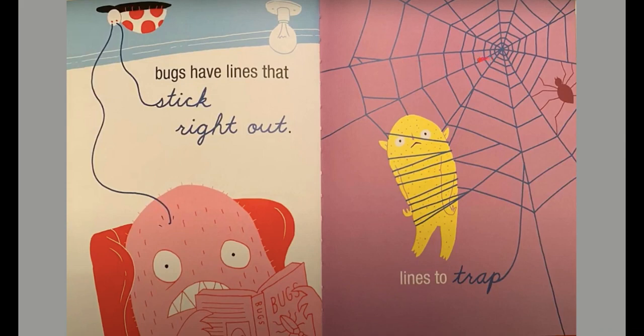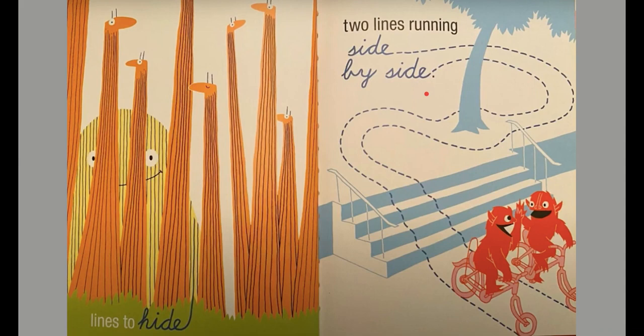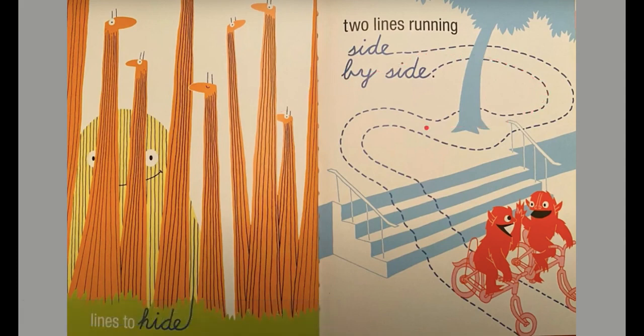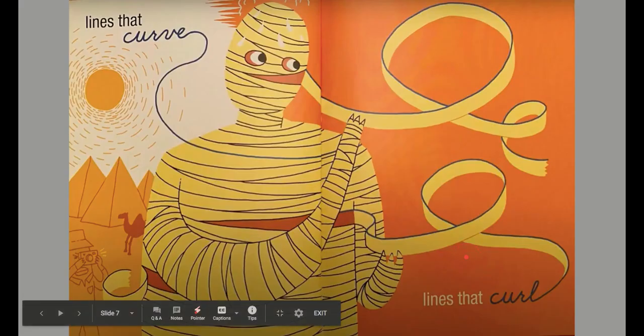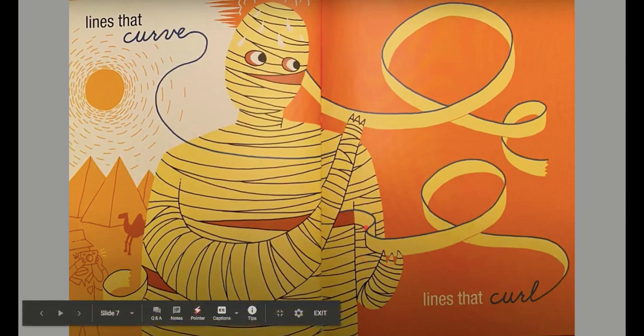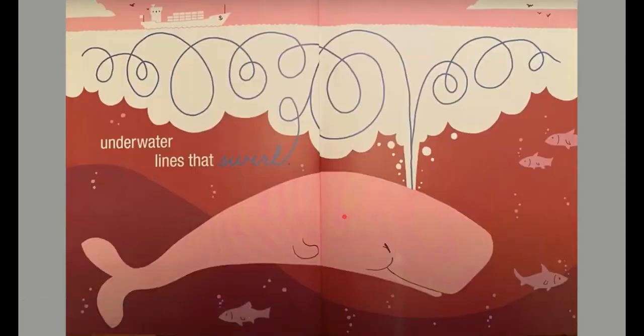Lines to trap. Lines to hide. Two lines running side by side. Lines that curve. Lines that curl. Underwater lines that swirl.